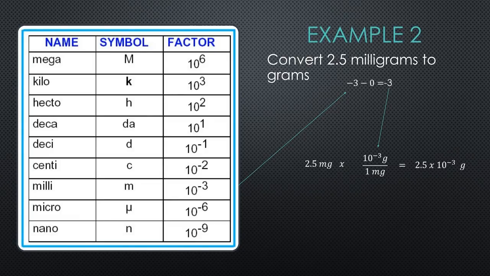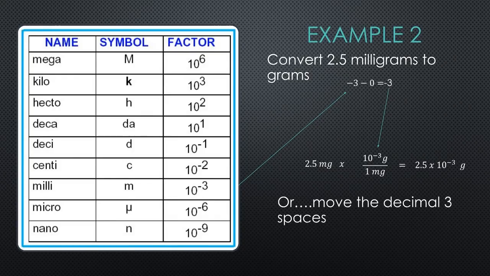And since you always want to do whatever's easiest, you could just move the decimal 3 spaces. So you could start with the 2.5 milligrams, and you could move 3 spaces to the left in this case, and get 0.0025 grams. It's sometimes not feasible to do this.